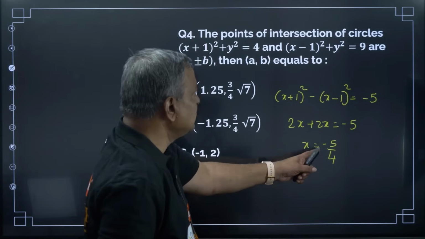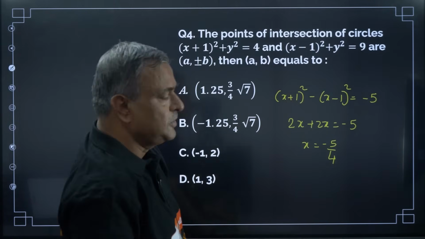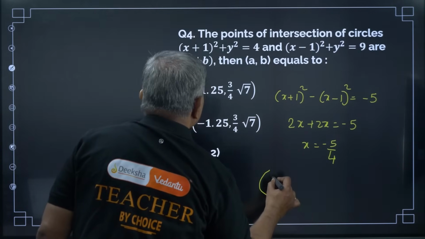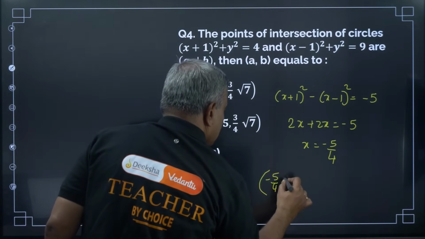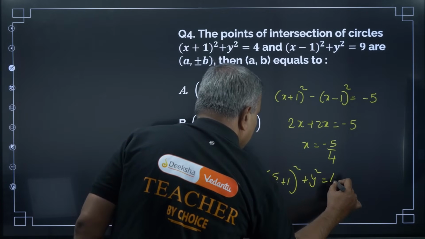Once you have the x value, substitute it in any of the equations to get the y value, whichever is convenient. Suppose I substitute in the first equation: minus 5 by 4 plus 1 whole square plus y square is equal to 4.